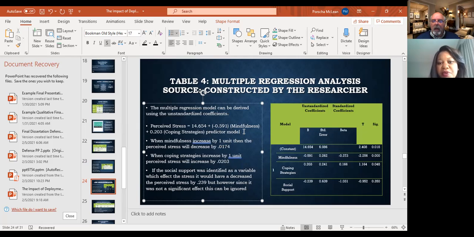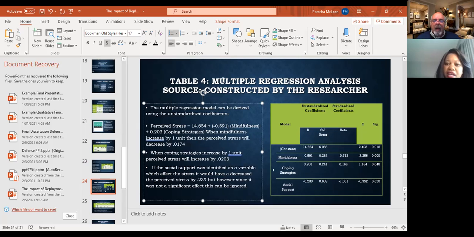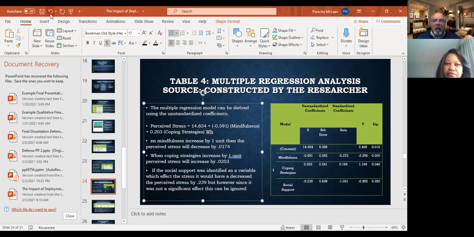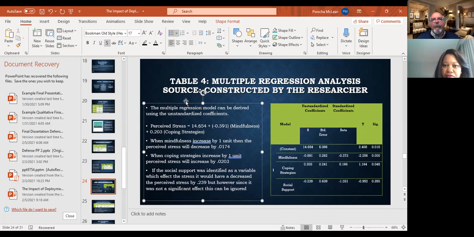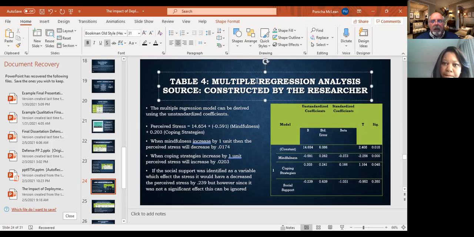Actually, should I just put predictor model for stress as the actual title? No, okay. So what I would do is I would probably put regression equation. Oh no, okay, no. Multiple regression analysis. Now that part's fine.